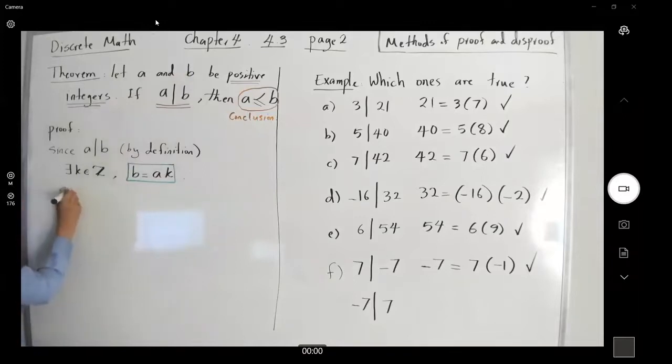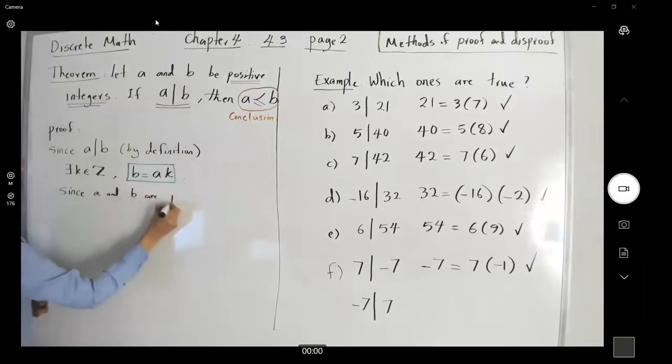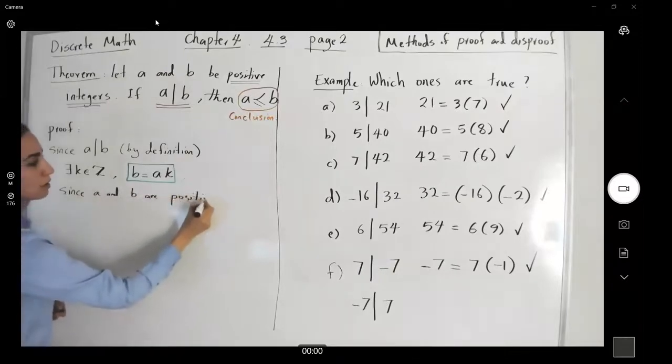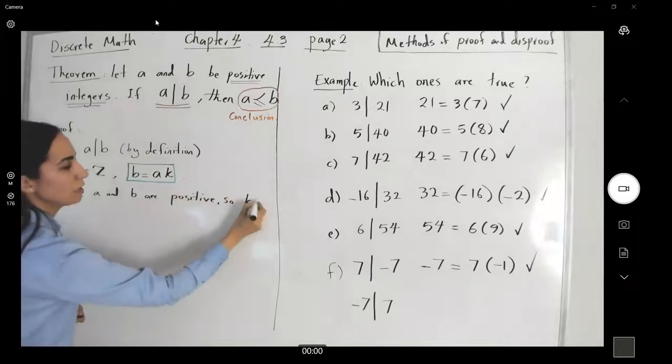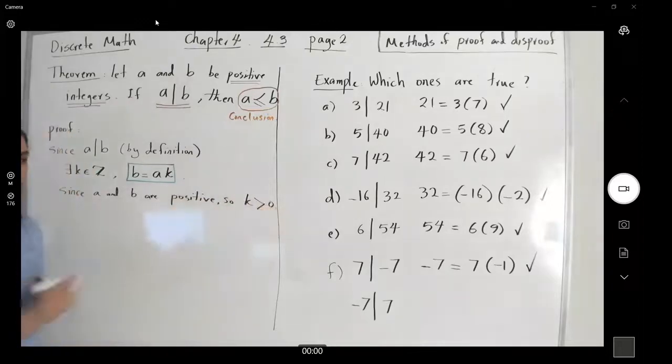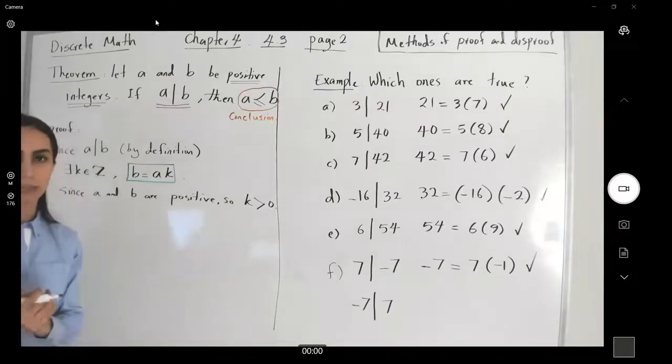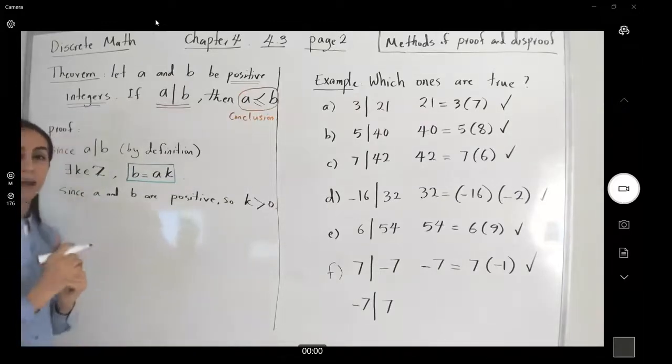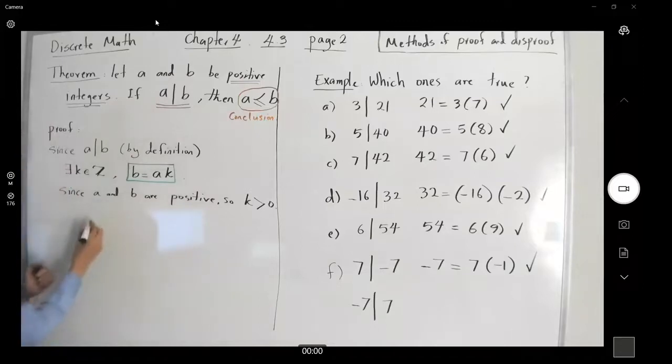So since A and B are positive, K is also positive. K is an integer, which is positive, so it takes on values starting from 1. So K is greater than or equal to 1.